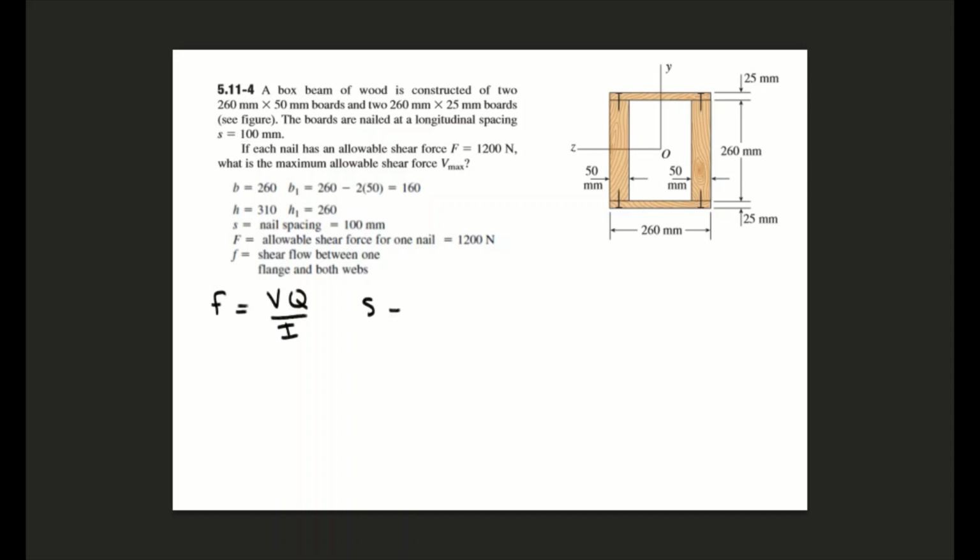So in the book, our S formula is 2F over f. Solving for this, we can first knock off some of the easy stuff. We can solve for baby f, basically.